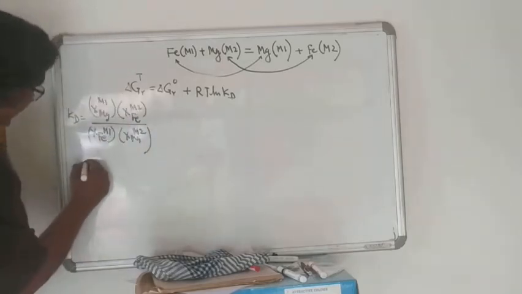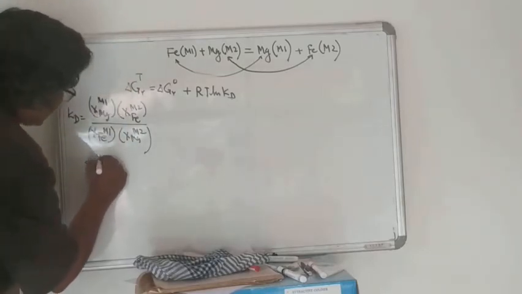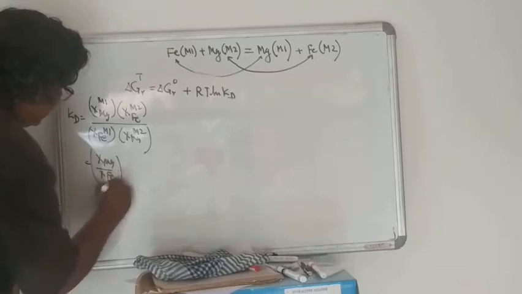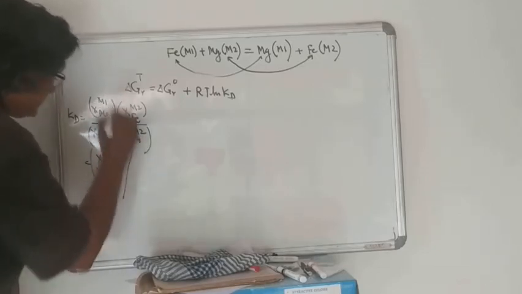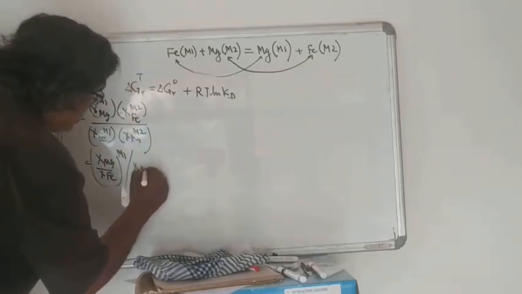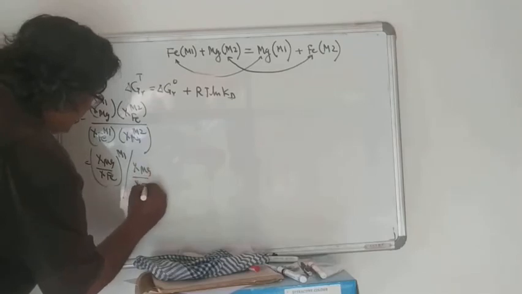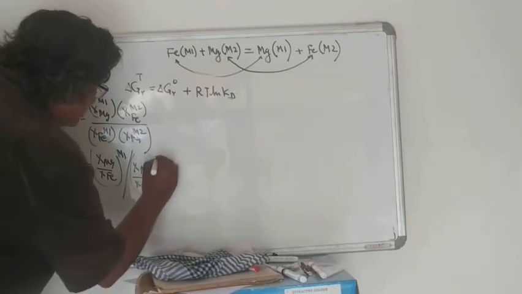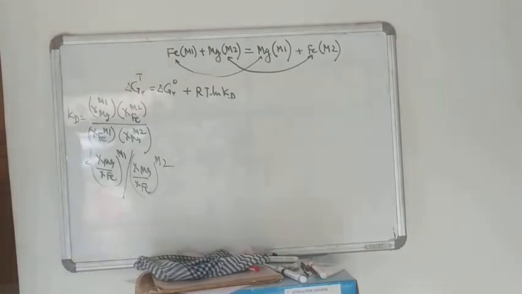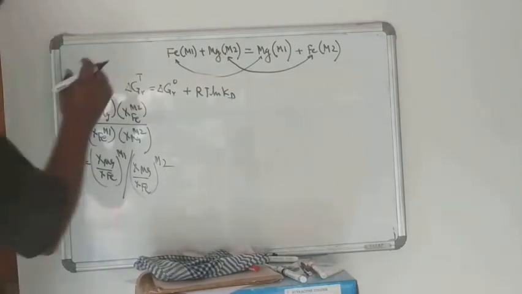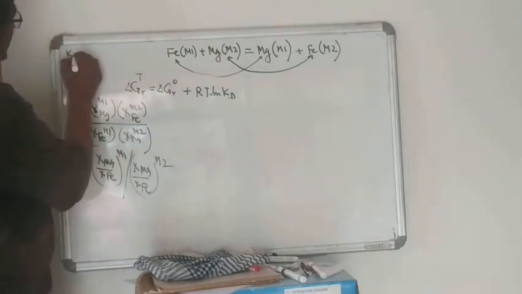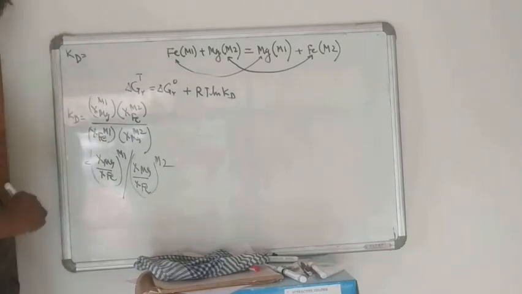And this we can write as before, X Mg by X Fe M1 divided by X Mg by X Fe M2. So now we have, therefore, our KD term for the expression.